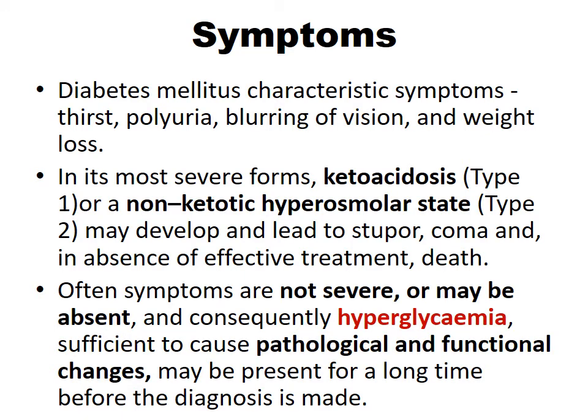Symptoms of diabetes. Diabetes mellitus is characterized by thirst, polyuria, blurred vision, and weight loss. In most cases, ketoacidosis is associated with type 1 diabetes, and a non-ketotic hyperosmolar state associated with type 2 diabetes may develop and lead to coma in the absence of treatment, and death.